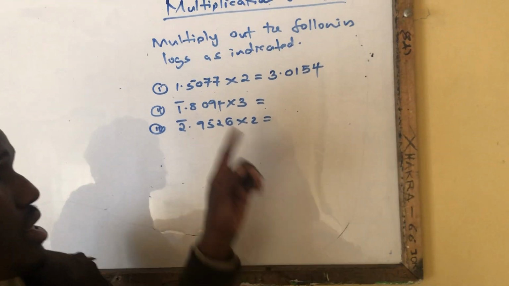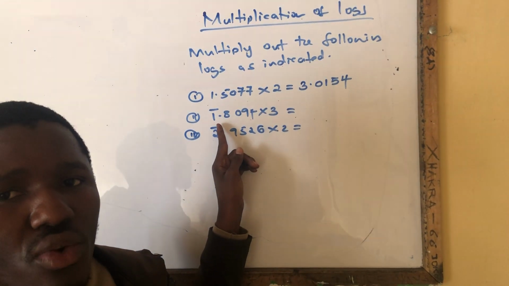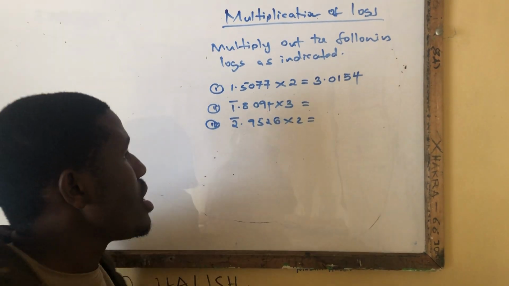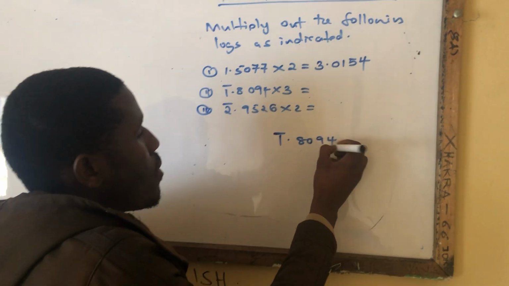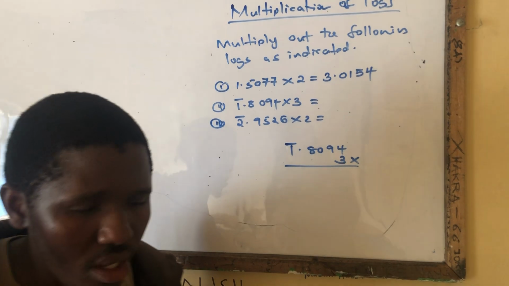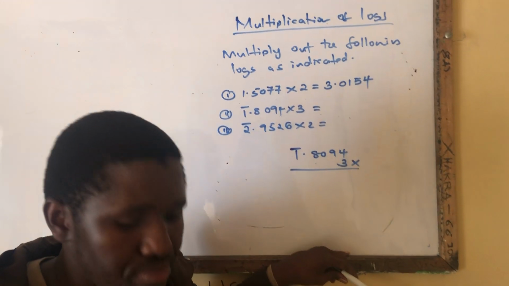Then as for the second one, the second one carries a bar. This is where the student is required to exercise a lot of precaution. We have got 1.8094, we want to multiply by 3. I want you to take note of this.